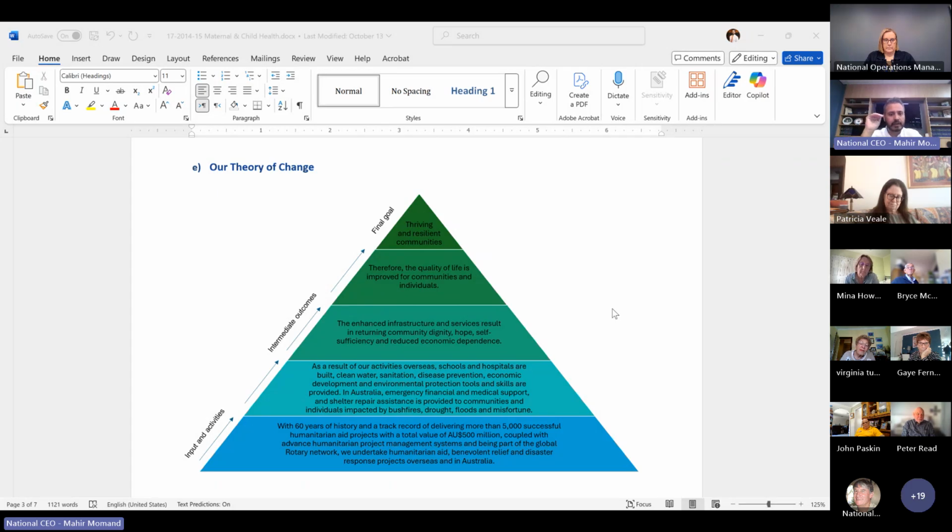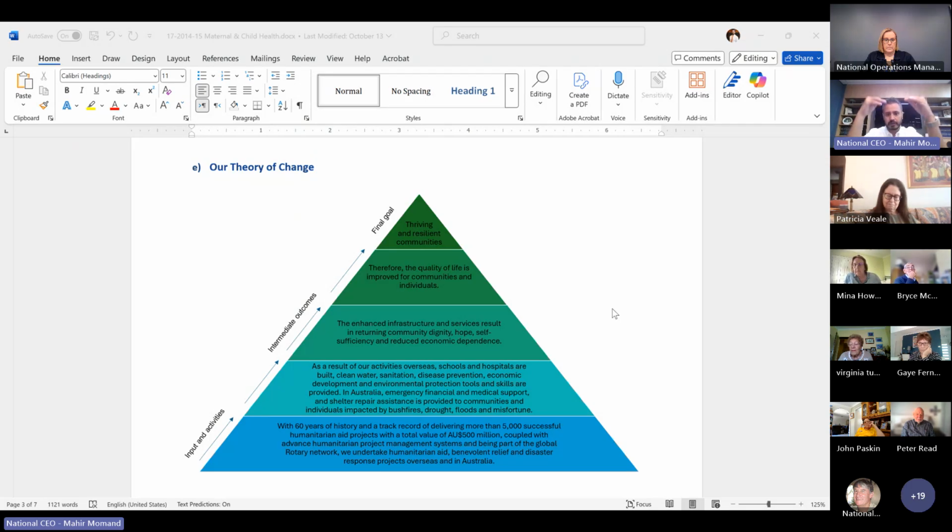And that says that as a result of that work, or our activities overseas, schools and hospitals are built, clean water, sanitation, and disease prevention and economic development is taking place. We are working on environmental protection tools also. And also in Australia, emergency financial and medical support is provided, shelter is provided to people, and we are assisting communities with bushfire, drought, and things like that. So you can see that it is actually now becoming more meaningful, right?